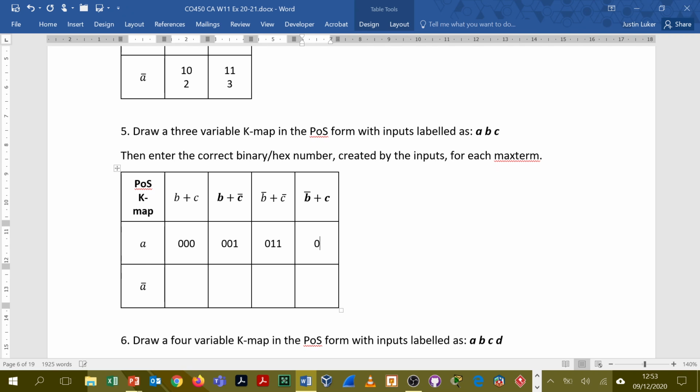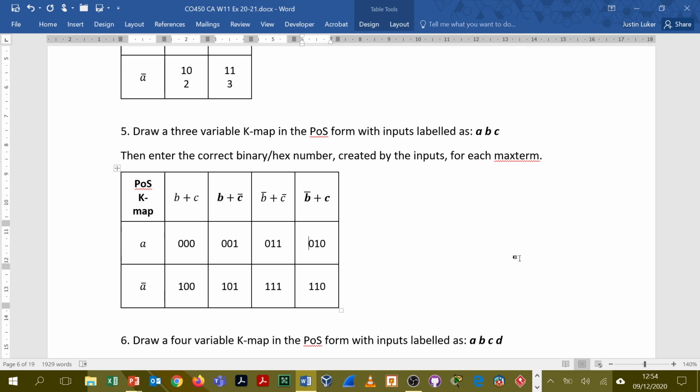And that must be 0, 1, 0. And on this one, not A is 1, so 1, 0, 0, 1, 0, 1, 1, 1, 1, and 1, 1, 0.